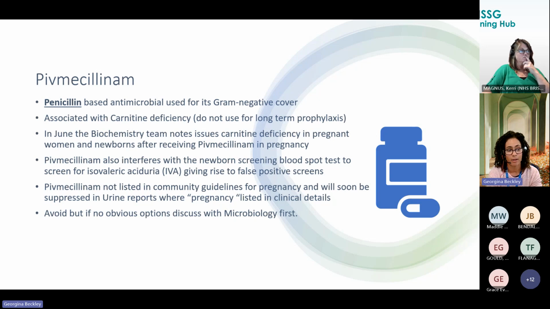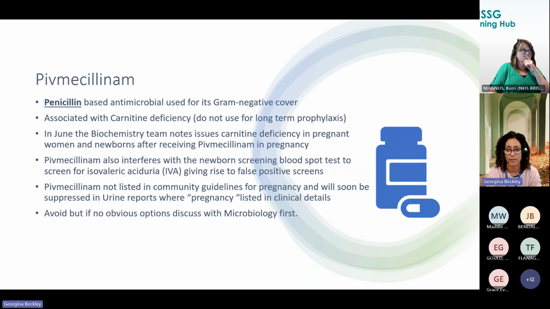Very recently, our biochemistry team at MBT highlighted some diagnoses of carnitine deficiency in some of our pregnant women and in our newborns, associated with pregnant women taking pivmecillinam during pregnancy.